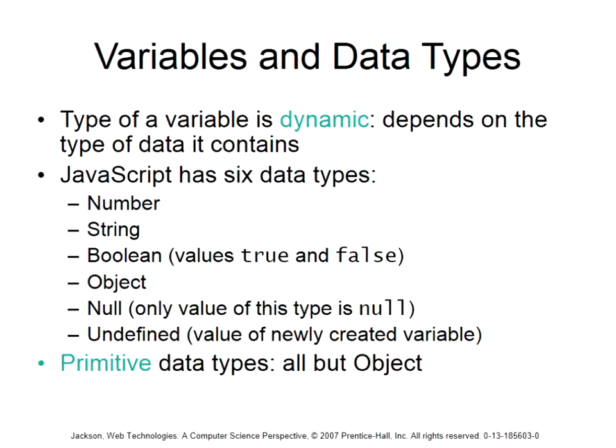Okay, let's move now to variables and data types. The type of a variable is dynamic, it depends on the type of data it contains. JavaScript has 6 data types: number, string, boolean, object, null, and undefined.